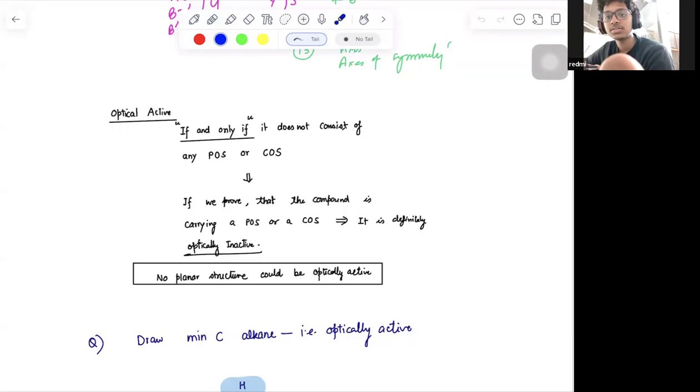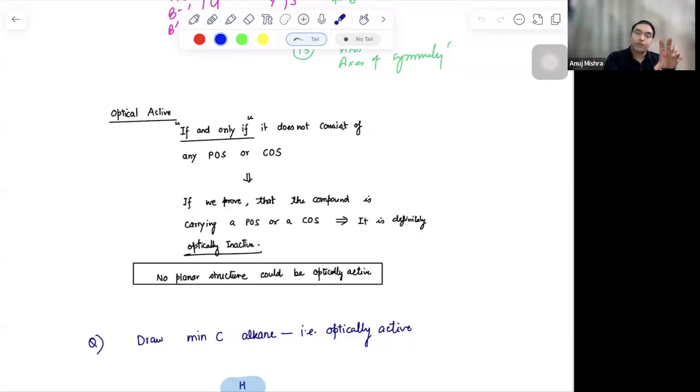The 5 carbons. 5 कार्बन से कैसे करेंगे आप? एक कार्बन तो सेंटर में हो गया, एक H हो गया, one more C2, then 2 carbons, then 3 carbons. So total कितने हुआ? If 2 carbons are same, then it will not be optically active.